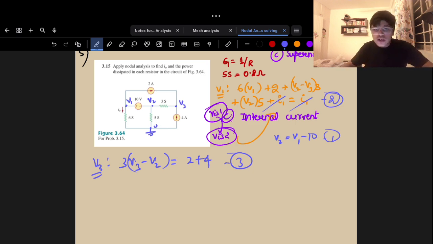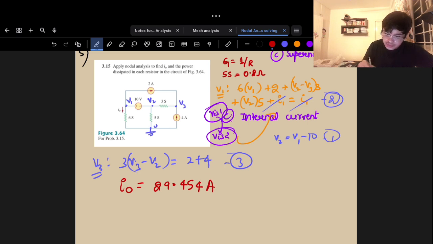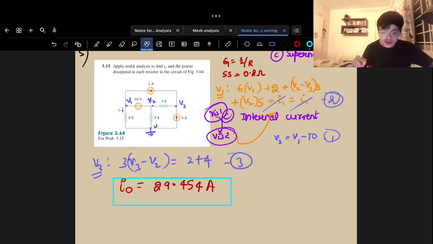If you simplify and solve these, the answer you will get is that I had to find this particular I naught. Your I naught is 29.454 amps. So that is my value of I naught.